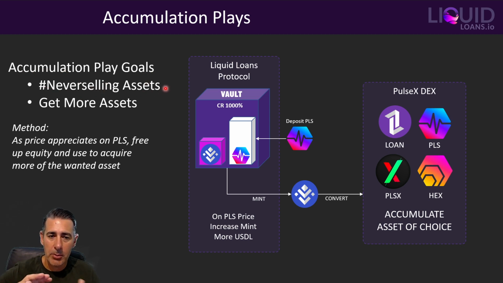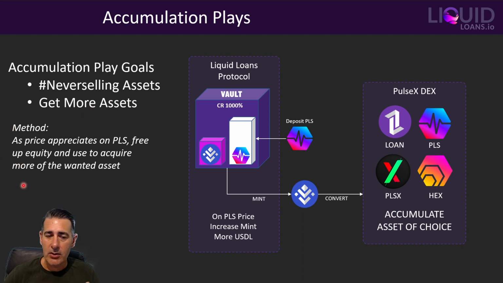If we can keep acquiring more of these assets, and as we build value in it, we acquire more. That's how the wealthy get to being wealthy and stay wealthy, is they don't sell the assets they're acquiring. They use those assets to be able to go out and buy more. So never selling, and obviously the act of accumulation, so getting more of those assets.